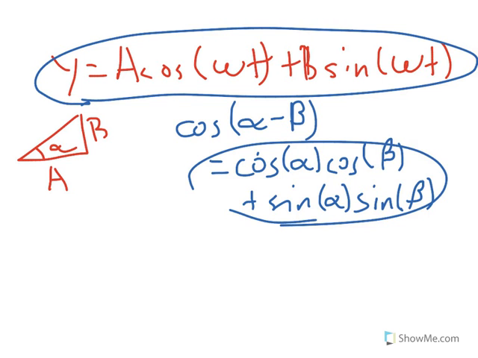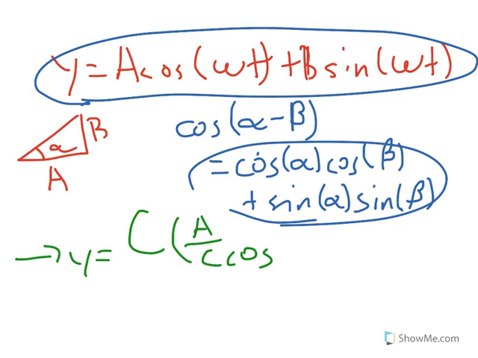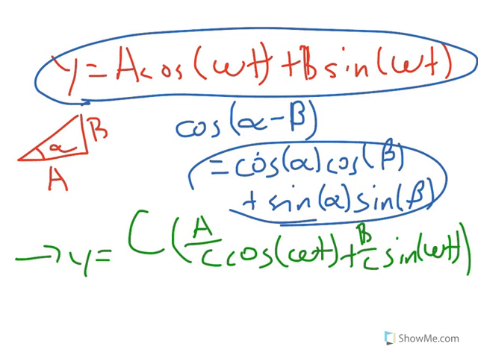So to do so, we will pull out a factor of c, which is the magnitude of the hypotenuse, to get y equals c, we pull that out, times a over c cosine of omega t plus b over c sine of omega t. Notice that this c right here multiplies everything.